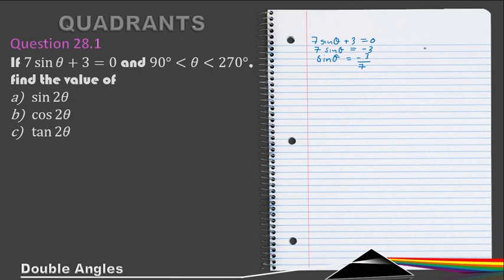Alright, so now we can draw our diagram, just to determine in which quadrant we're going to be working. For sine to be negative, it's either going to be in the third or the fourth quadrant. And then the restriction from 90 to 270 is either in the second or the third quadrant.